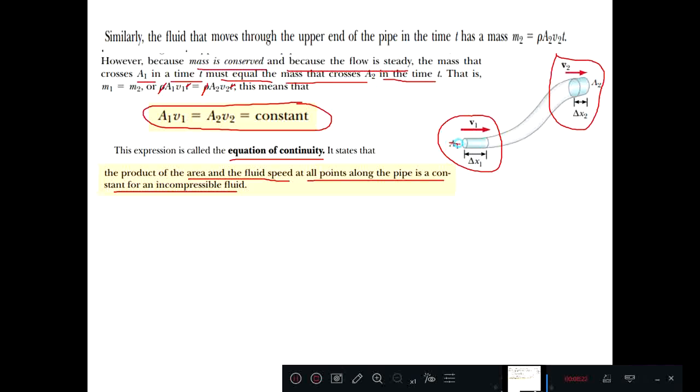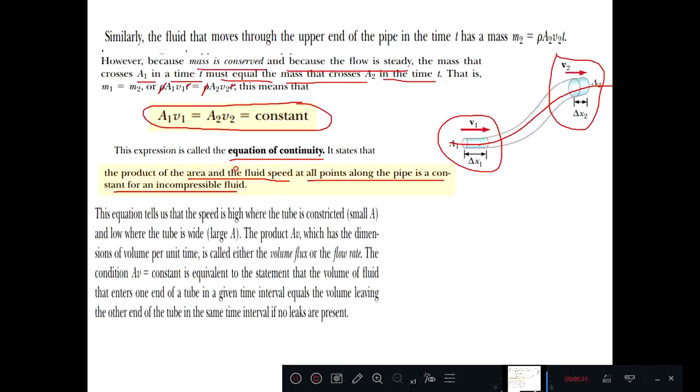See, along this pipe, the continuity equation, that is A1 V1 equal to A2 V2 equal to constant. What does this above equation tell us? It tells us that the speed is high where the tube is constricted.